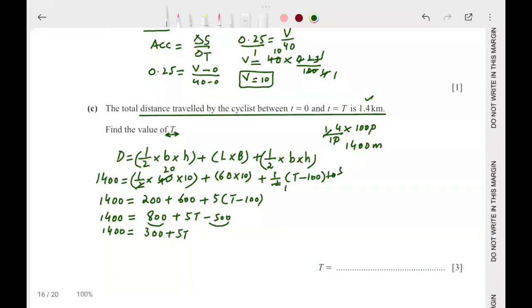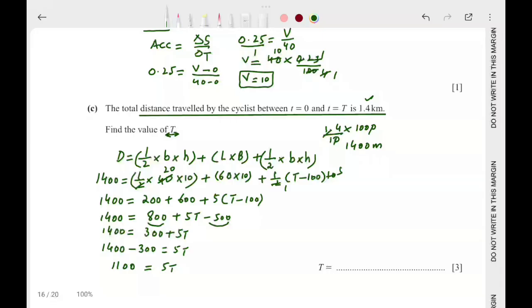Now 1400 minus 300 is equal to 5t. So it would be 1100 is equal to 5t.